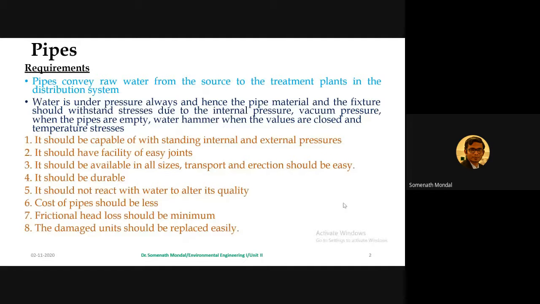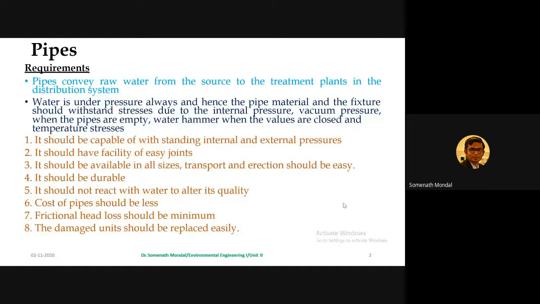The hydraulic gradient line for such a conduit can be obtained by joining the water surface elevation in the piezometers installed in the conduits at various places. So that's the main difference between pressure conduits or pressure pipes and gravity conduits.